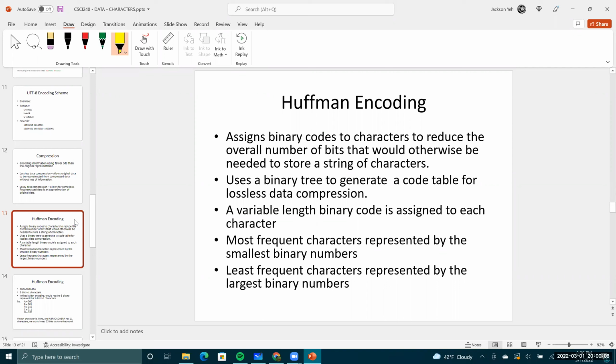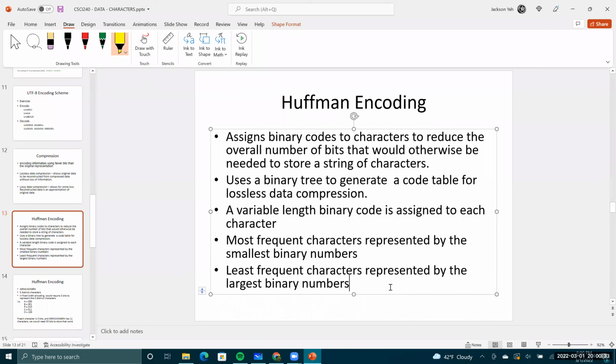Huffman encoding employs a variable length encoding for your characters, based on the frequency of characters. It finds characters that are used the most often and represents them using the smallest binary numbers. For the least often used characters, it uses the largest binary numbers to represent them.